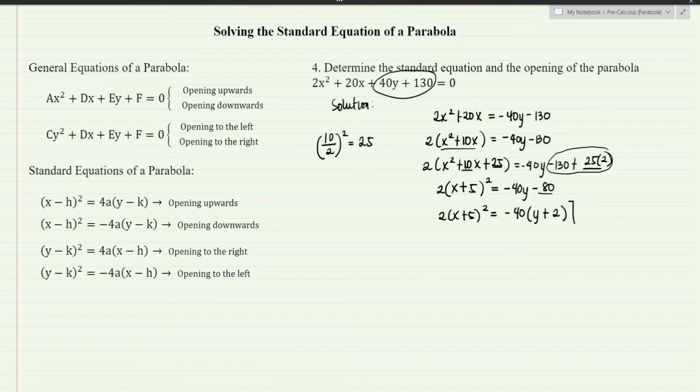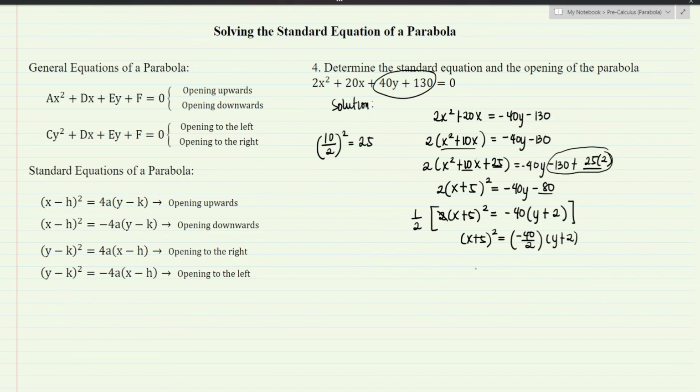Now the last step here, we will have to remove this 2 on the left side. So I will have to multiply both sides by 1/2 so that I can cancel out this 2. So on the left side, I would have x plus 5 squared. Then on the right side, I will have negative 40 over 2 multiplied by y plus 2.